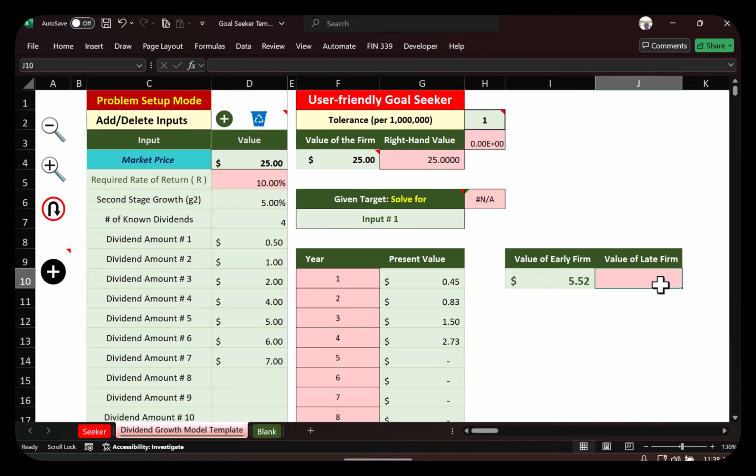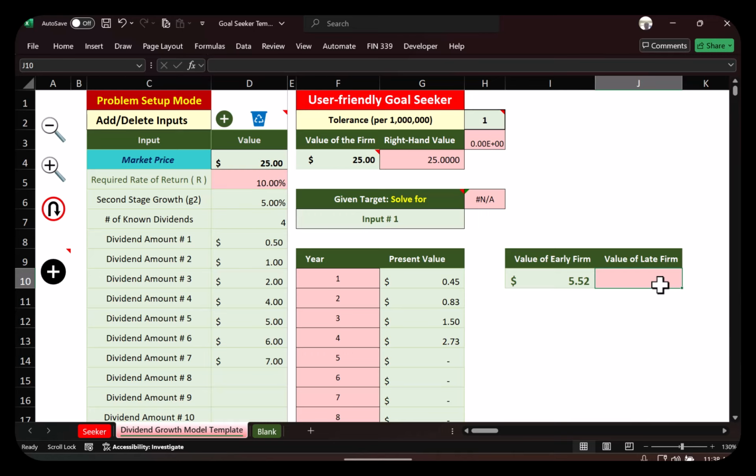We will get to the value of the late firm, but in order to calculate the value of the late firm, I have to calculate the terminal value. And in order to calculate the terminal value, I need to know the first dividend after the number of known dividends.